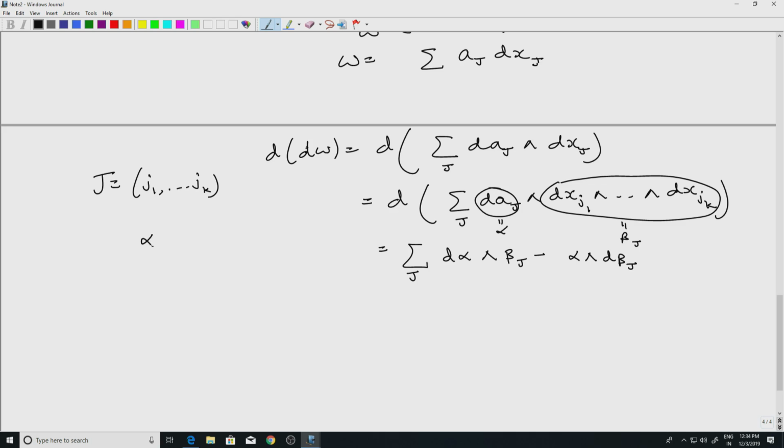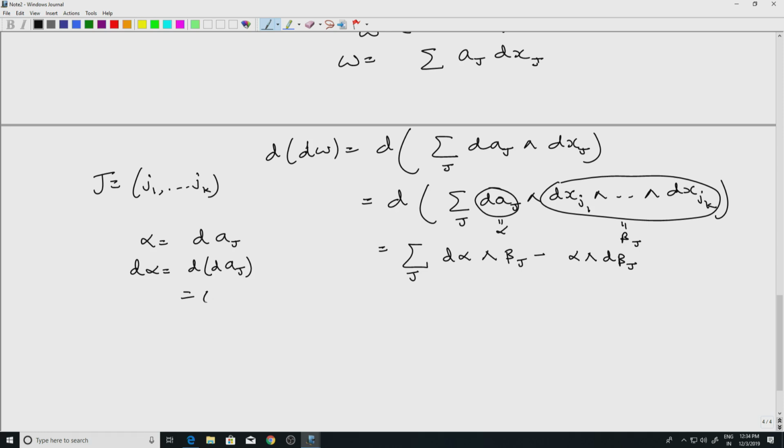Now alpha is of the form da_j. So d alpha will be, where a_j is just a function here. That's what we started with, so in other words a zero form.